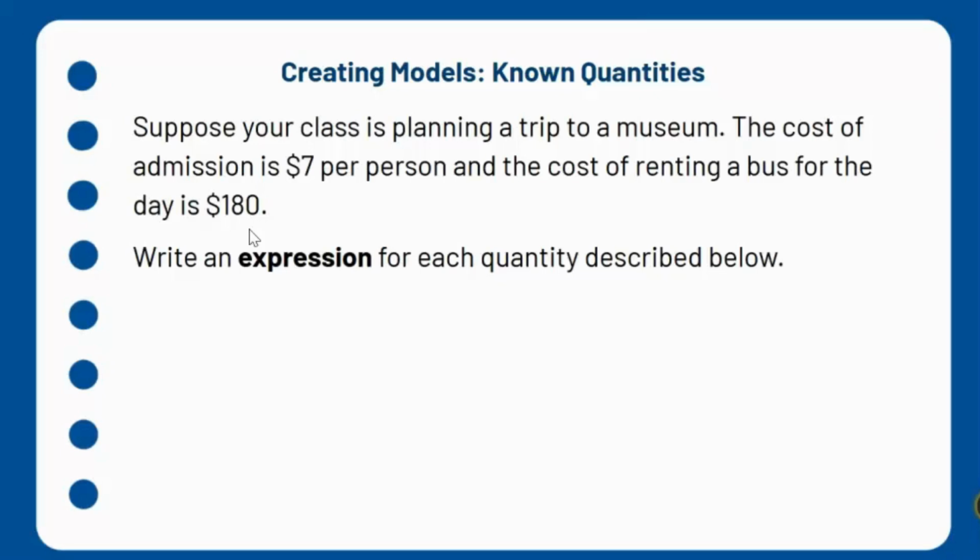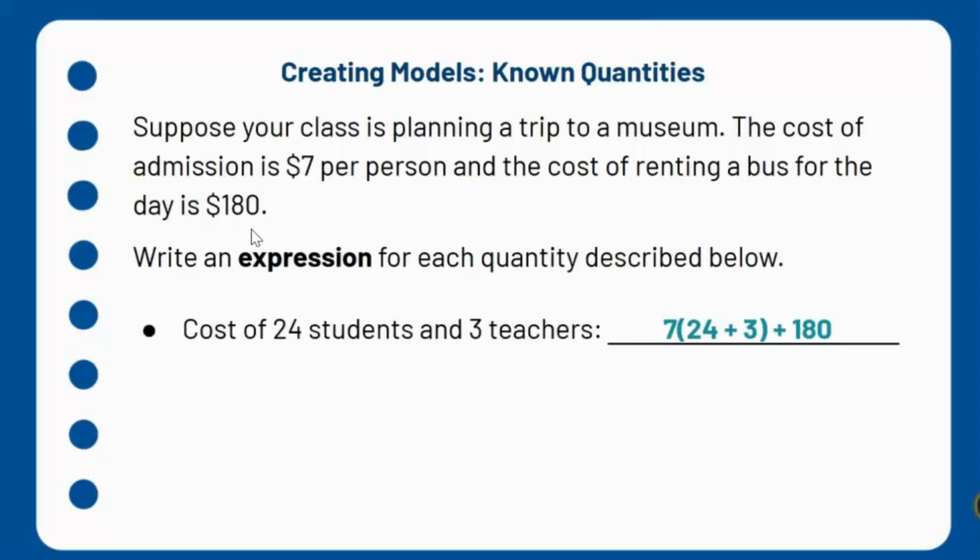As we learned in the previous lesson, models such as expressions and equations are helpful when a quantity or constraint changes. In this case, we're going to consider the cost of two different amounts of students and teachers attending the trip. The museum has the same cost of admission for students and teachers, $7 per person.